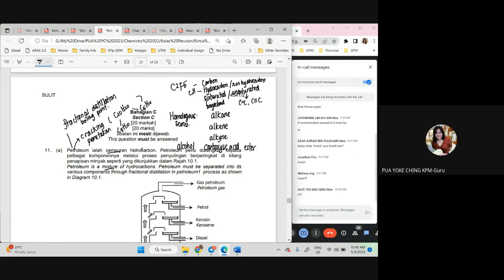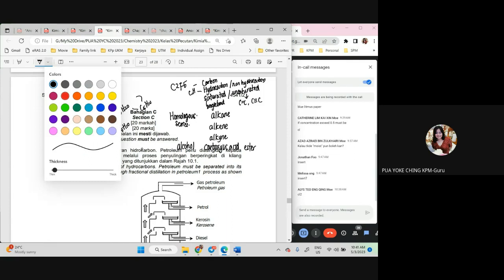Setiap ini macam mana tindak balas kimia dia, apa formula dia, kena ingatlah. I hanya go through the very simple one, alkane.